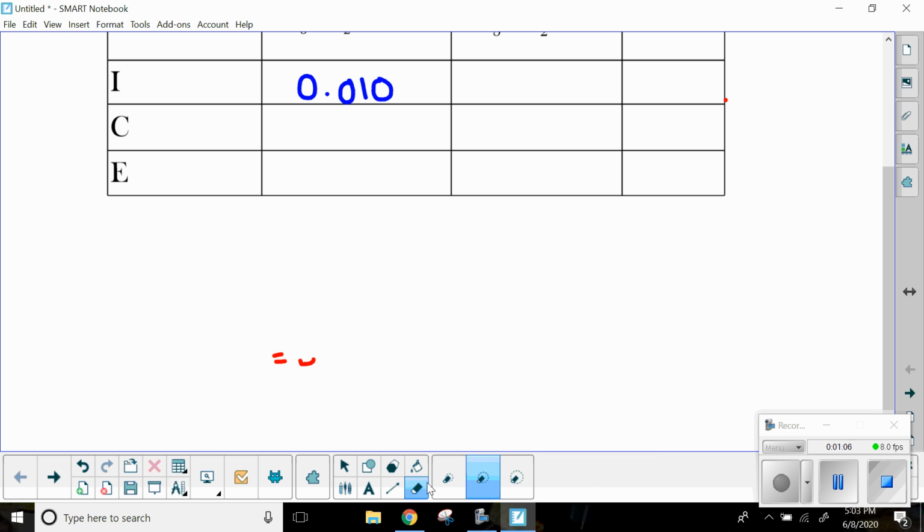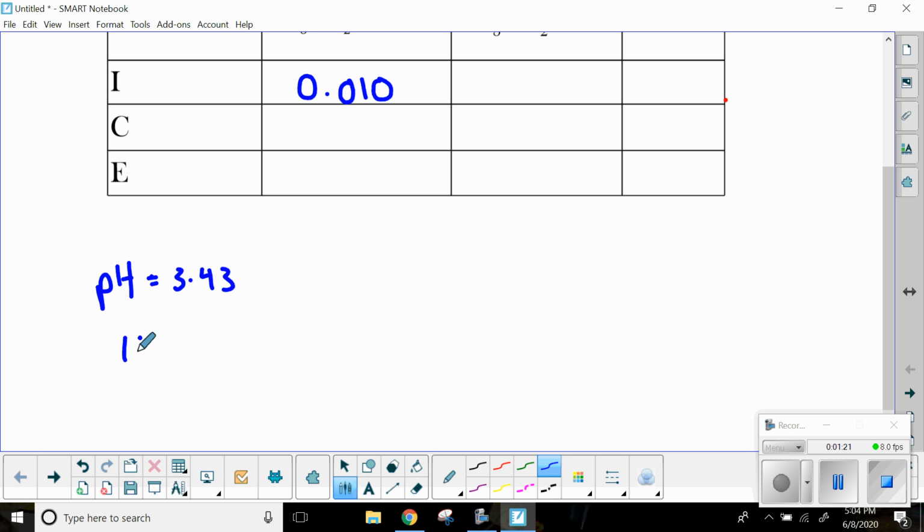I can go ahead and say that the pH is 3.43. And I can back that up and reverse this process by saying 10 to the negative 3.43, which is the antilog, is going to be the concentration of hydrogens.